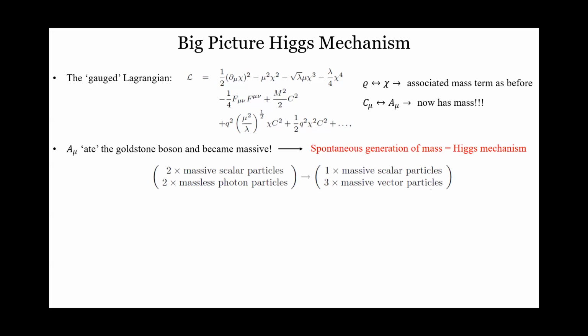But after all of this happened, we actually ended up with 3 massive vector particles, it seems, and 1 massive scalar particle. Okay, so the degrees of freedom did not really change. Basically, it did not change much. We went from 4 to 4, but in a different kind of particle, in the sense that the gauge bosons here, which were massless, became massive and each one gained an extra degree of freedom, the polarization in the longitudinal direction.